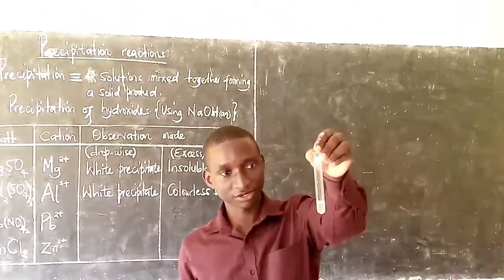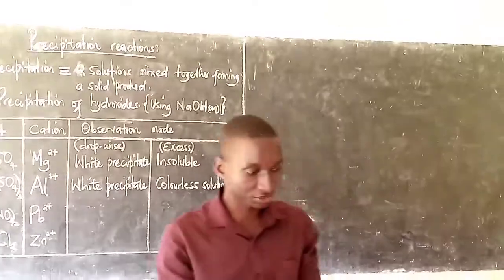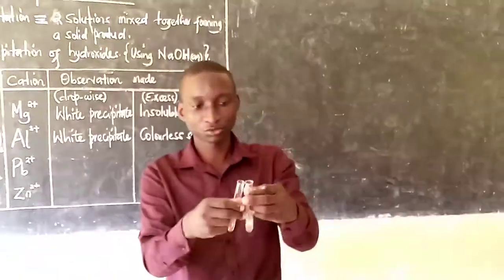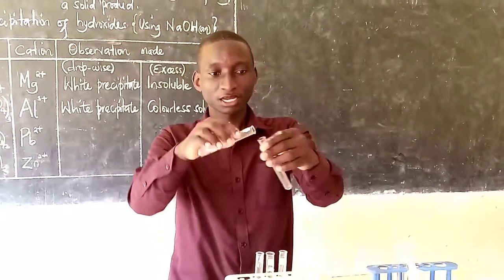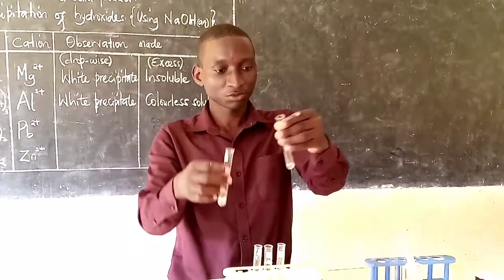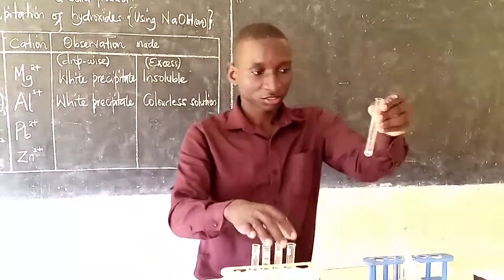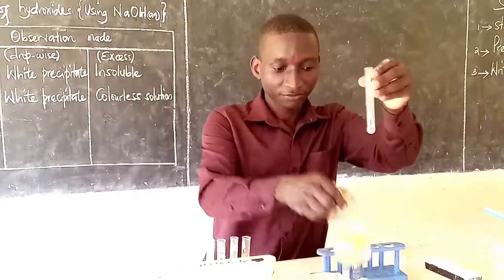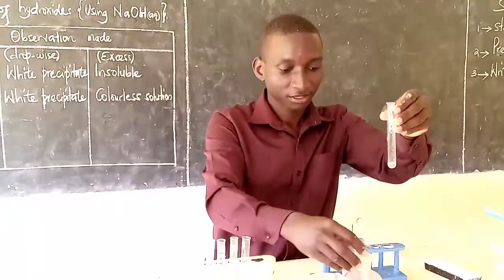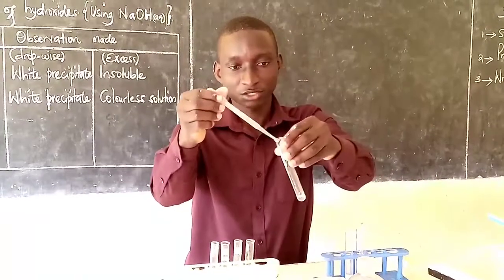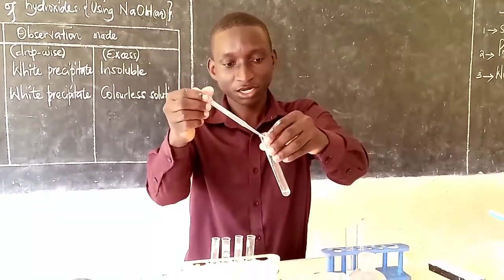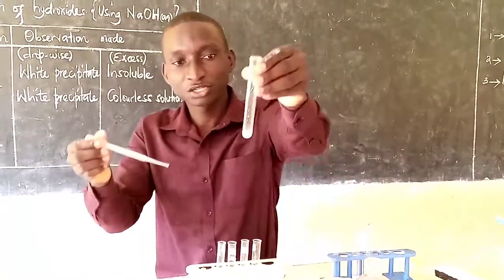this one, our zinc. We come and bring zinc. We pick a clean test tube and add a small amount. Add a smaller amount of the salt. That is our zinc. Sodium hydroxide is back. We add dropwise and see what takes place. When you add the drops, what do you see?